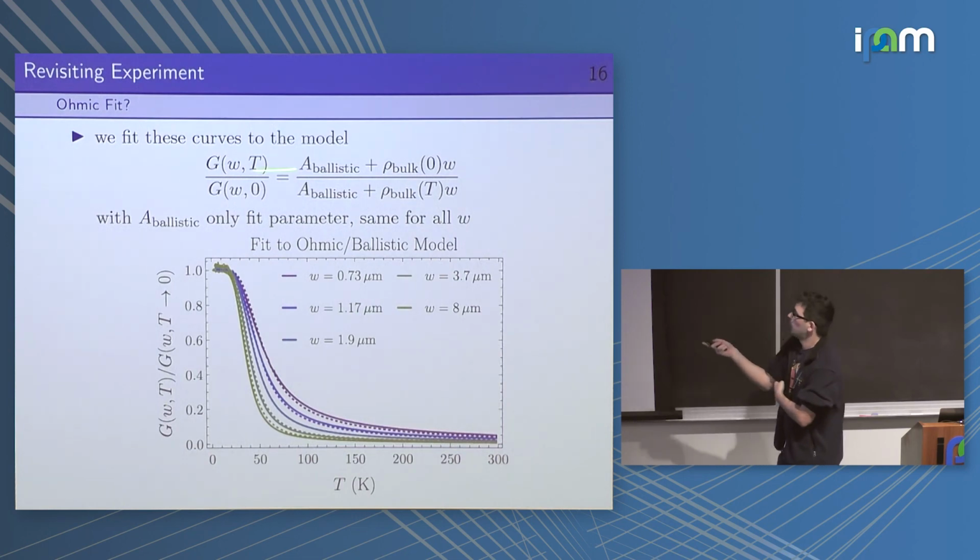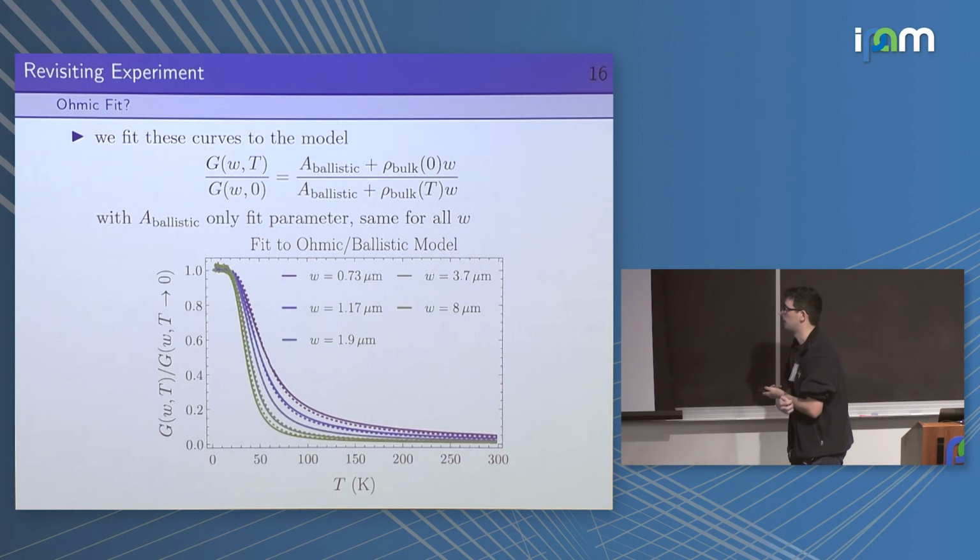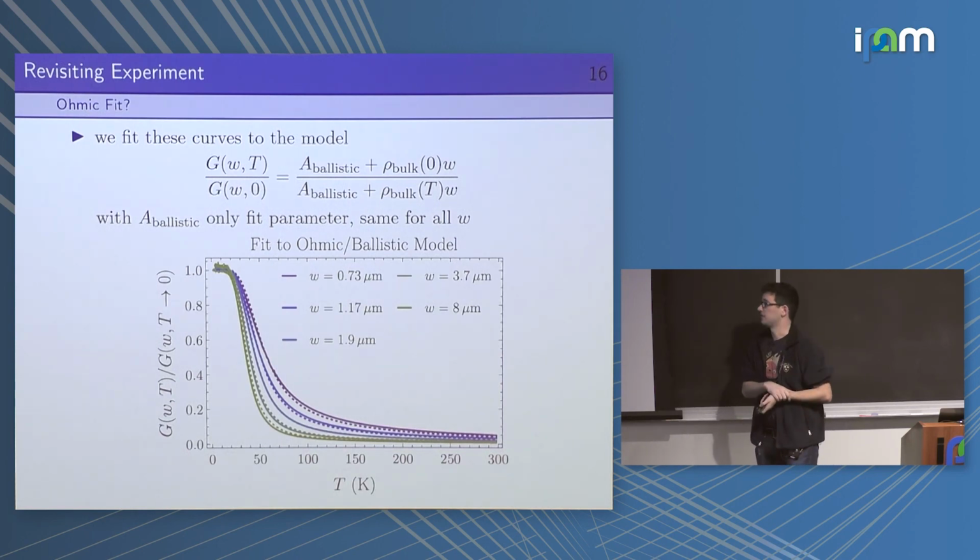So this model that I'm showing you here corresponds to a minimal model for the ohmic to ballistic crossover. At low temperatures, we would expect that this term dominates. At high temperatures, this term dominates. And all of this data, quantitatively, is perfectly explained by this simple ohmic to ballistic crossover.